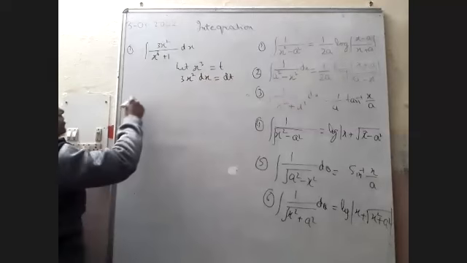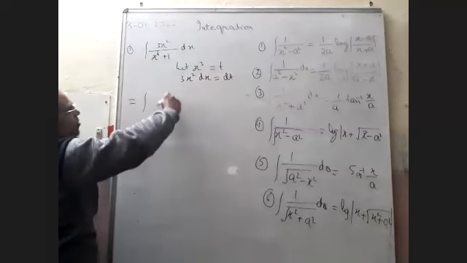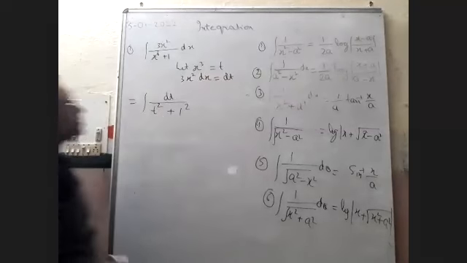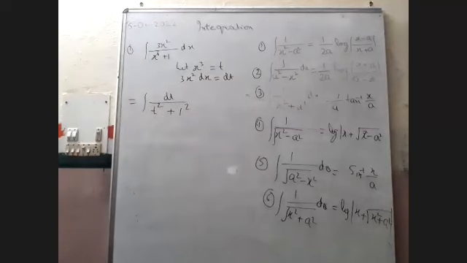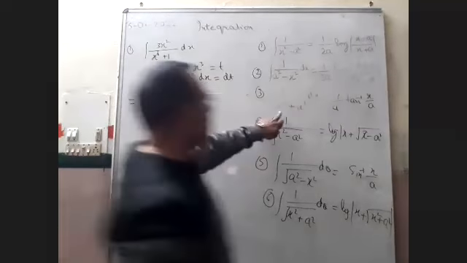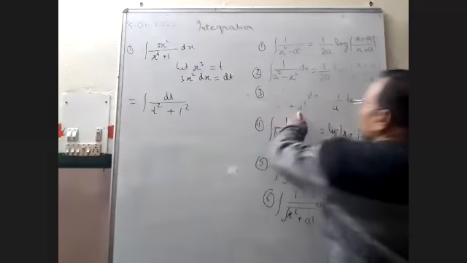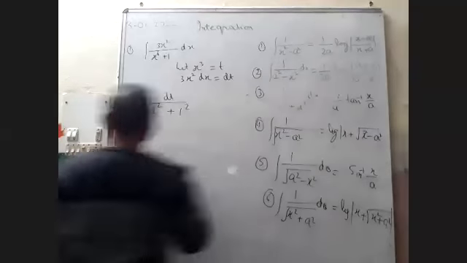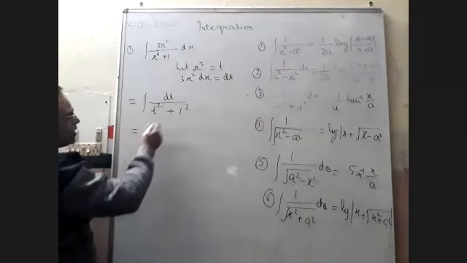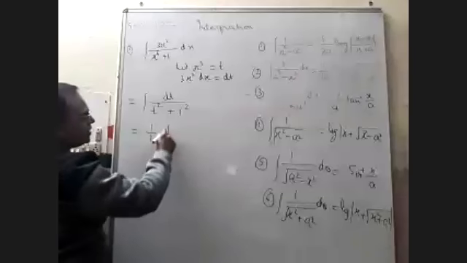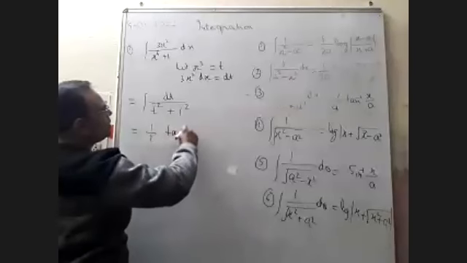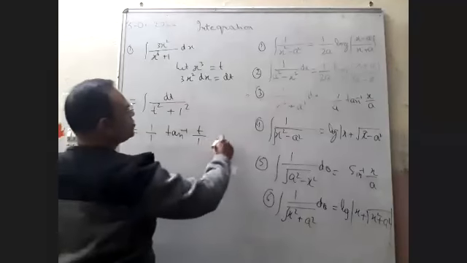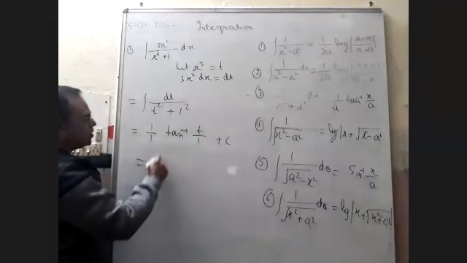Now you put only dt here. Now it is in the form of t square plus 1 square, the standard form. You can apply the formula for x square plus a square. In place of a square, we have only 1 square. The integration will be 1 upon a, that is 1, tan inverse of t upon 1, plus c, where c is the constant of integration.